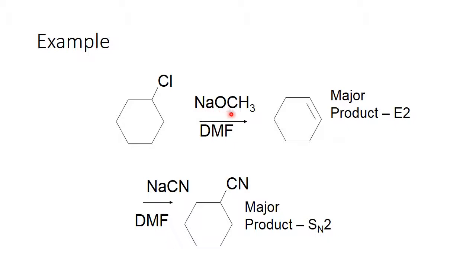So I see this is a strong base. It's secondary, so elimination is going to occur. But if I look down here, SN1 is not going to occur because we have DMF as a solvent and a good nucleophile. That's SN2 conditions. This good nucleophile is a weak base, so the major product is going to be SN2.